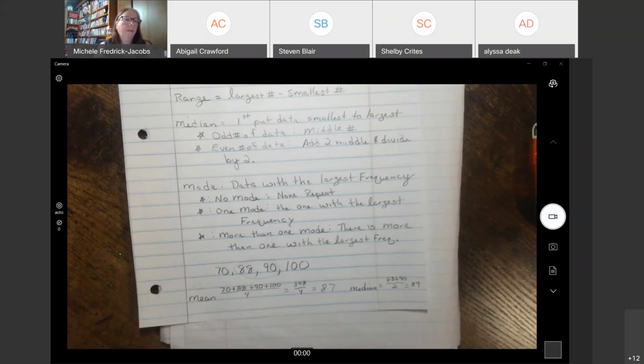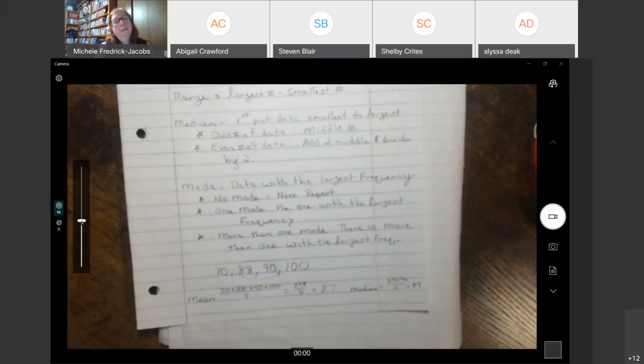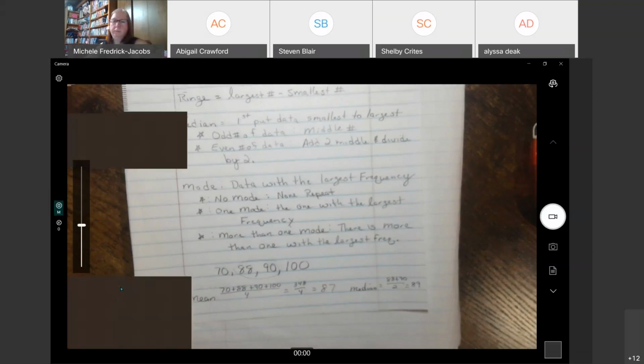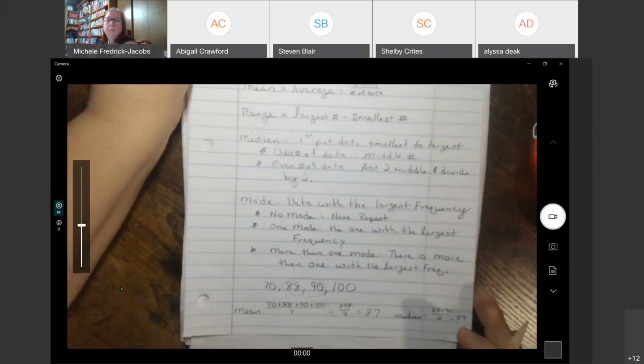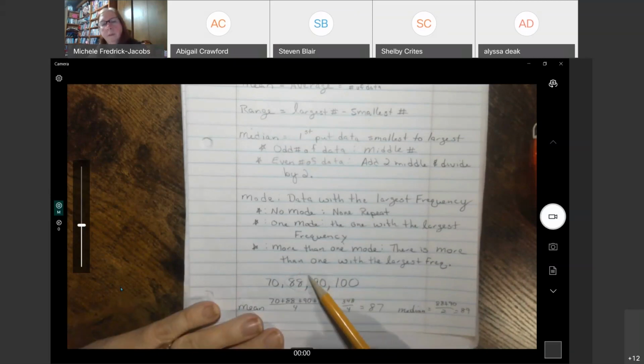Questions so far? Trying to make it clearer. So for the median, it's the middle value. So since it's even, we want in between these two, which would be 89.